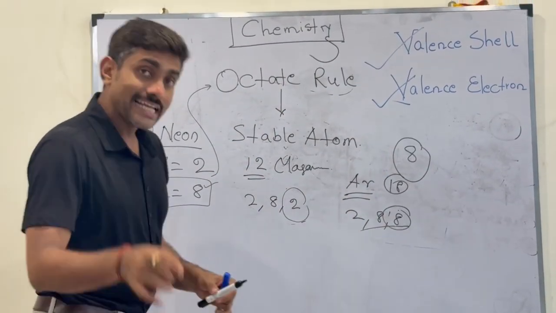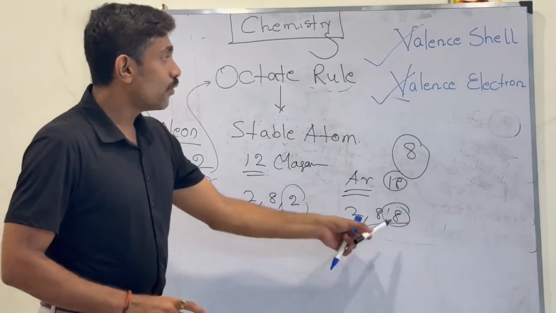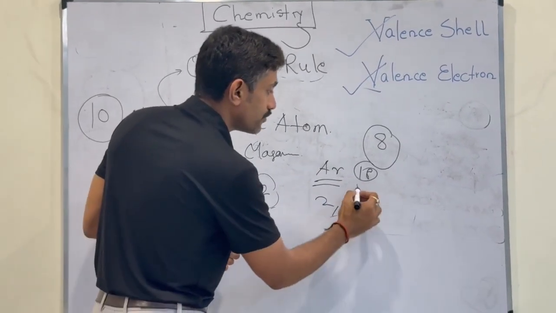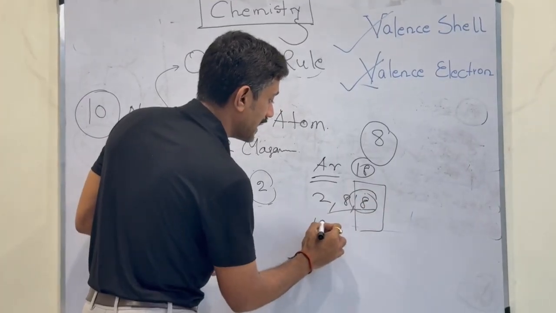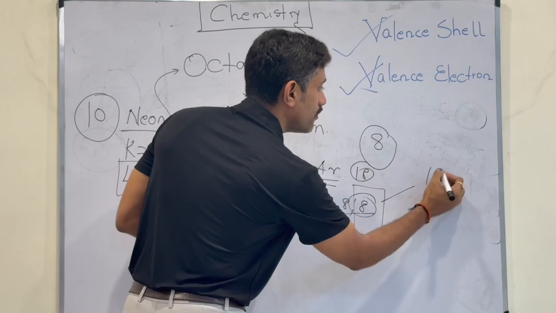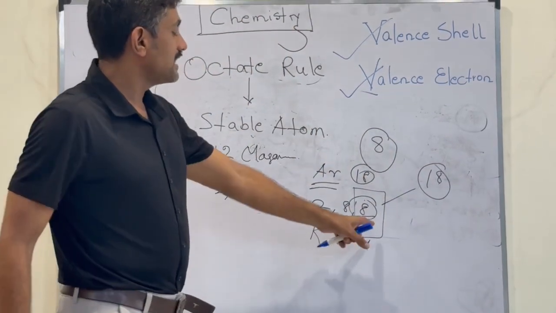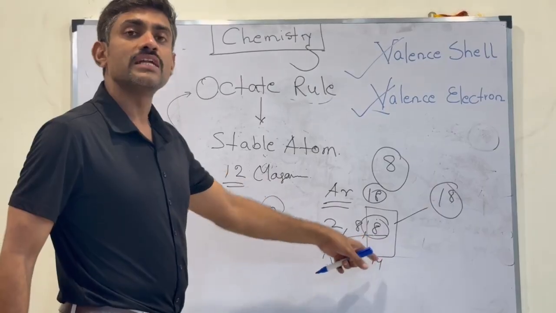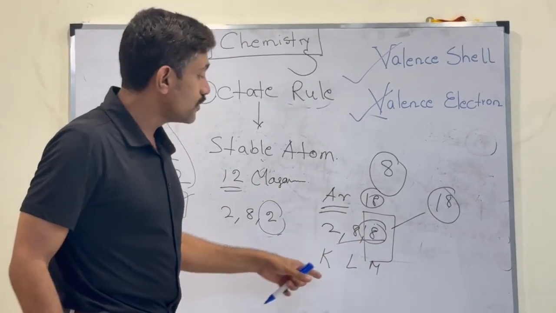You got the point? Now here, guys, in the previous example we said that the third shell, let's say K, L, M, M can have a maximum of 18 electrons. But here, I'm saying that if it has only 8 electrons, then it will be known as a stable atom.